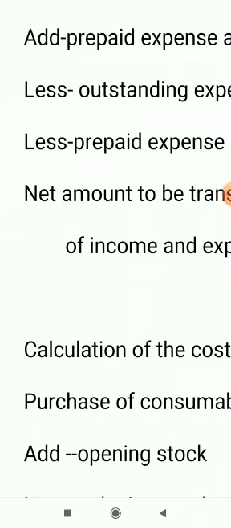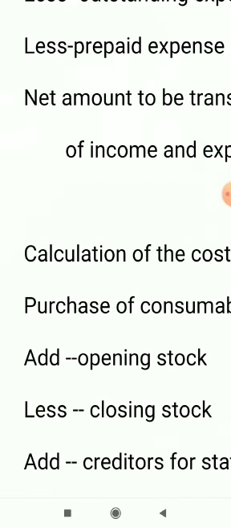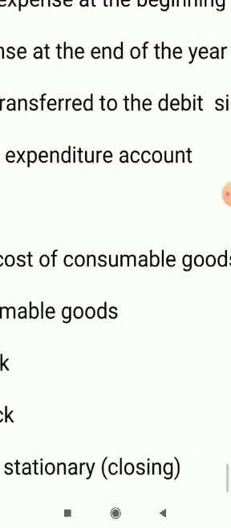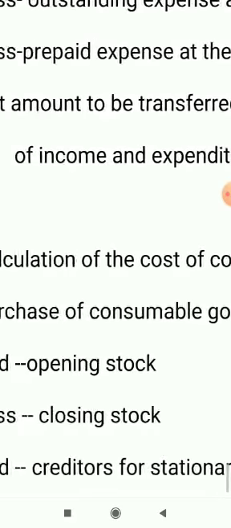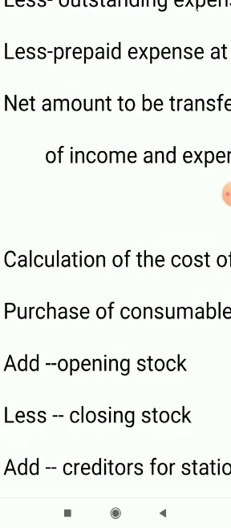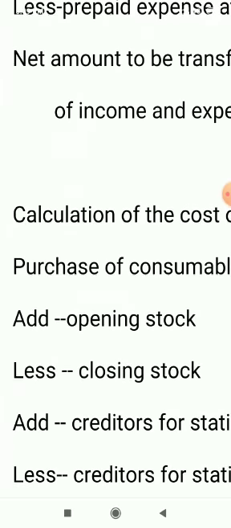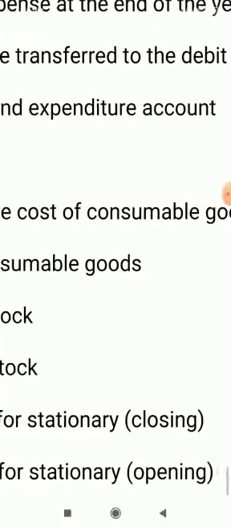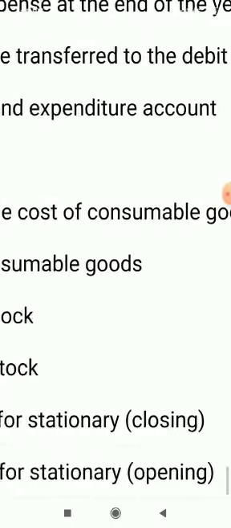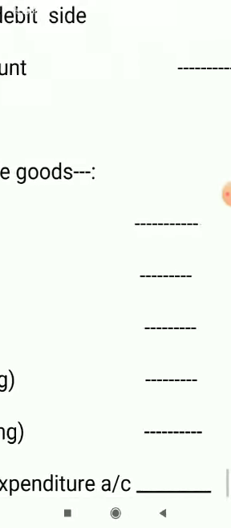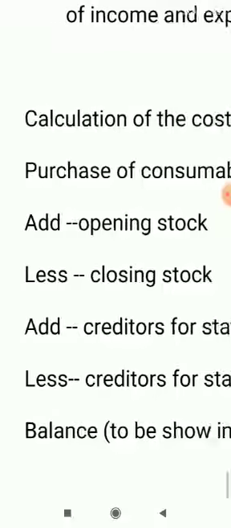After this, we go for the calculation of the cost of consumable goods. For this calculation, we use this formula. First we write the purchase of consumable goods. Write that amount. Then add opening stock. Then less closing stock.